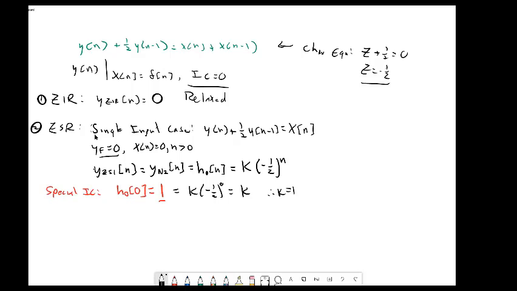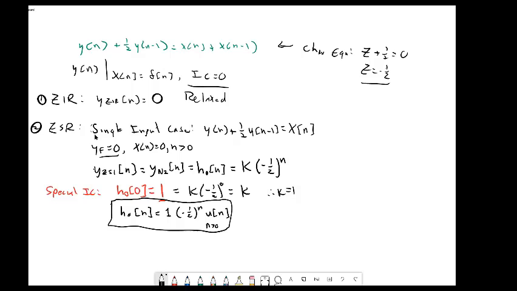So k must be 1. And we have our h0 of n then is 1 times minus 1/2 to the n, and that's for n greater than or equal to 0. So we'll put our u of n in there. And I got a solution. I got an answer other than 0. So that's a bit more promising.